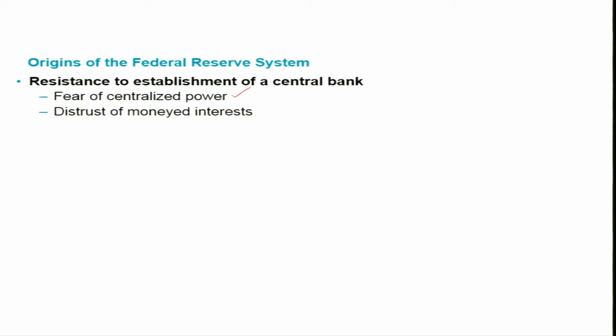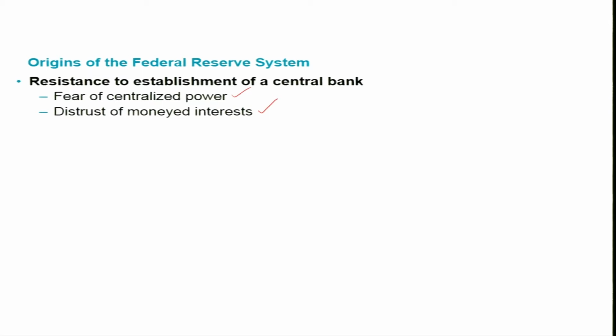So there was resistance to the establishment of a central bank in the US, mainly because of a fear of centralized power, and in addition there was distrust of moneyed interest. That means one monetary authority, one central bank controlling all the banking system and all the financial system.